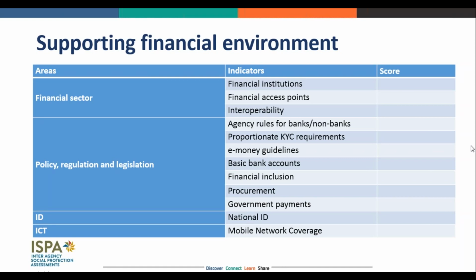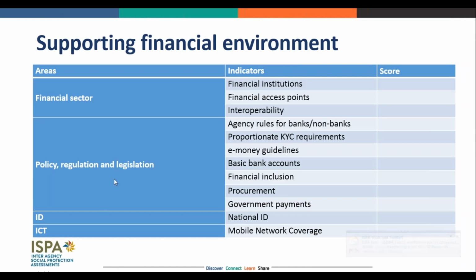Government payments include the disbursement of salaries and pension payments as well as social protection payments, and coordination across the G2P sector can support the development of suitable delivery mechanisms. We also look at ID, how strong and ubiquitous national ID is within a particular country, and lastly we look at mobile network coverage, effectively what percentage of the population is covered.